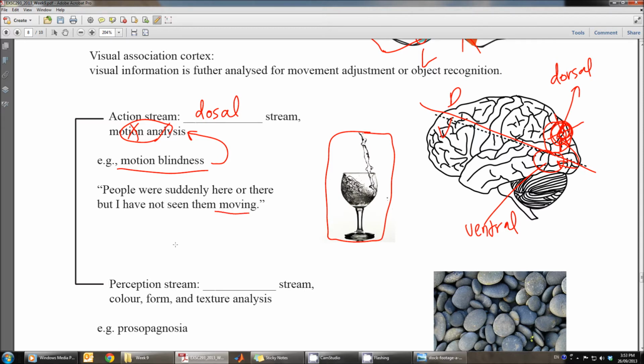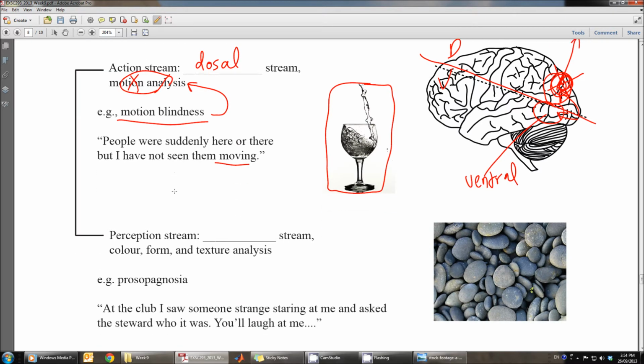So it's very dangerous for them to be, for example, on the street where a car is suddenly in front of them, and you can't really estimate the motion of the car. They have to rely on other senses, such as auditory or tactile senses, to guide or predict the movement of the objects around them. So that's a stark example showing the function of this action stream or dorsal stream.